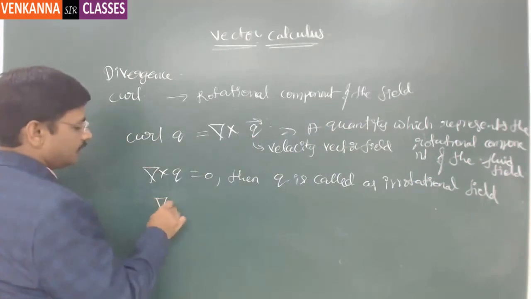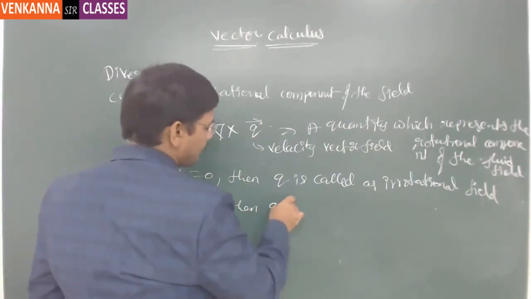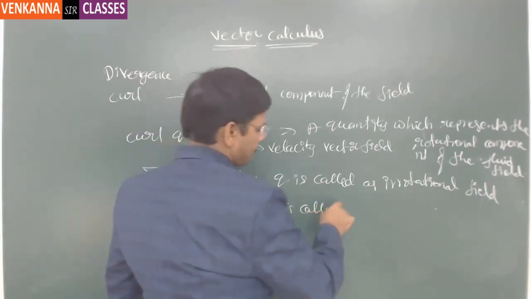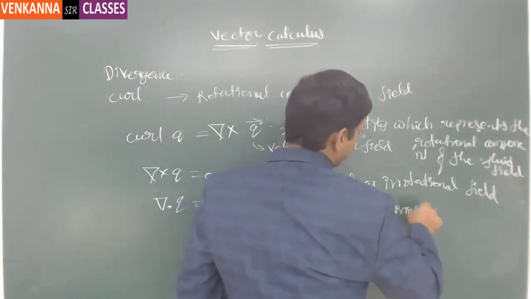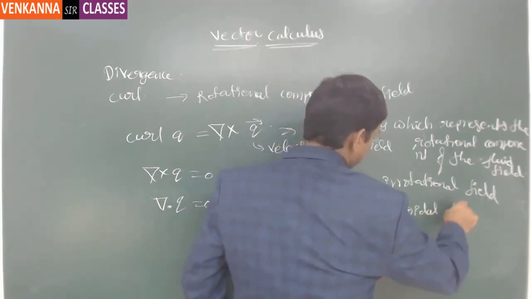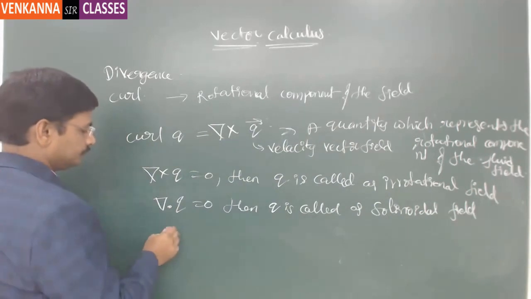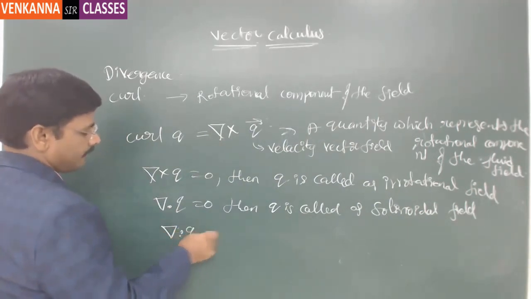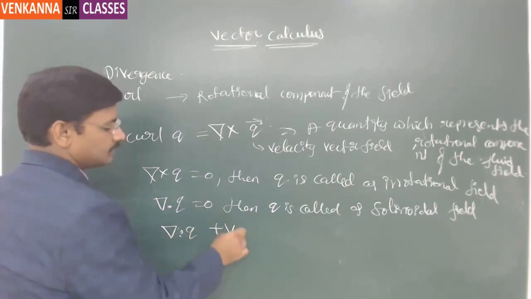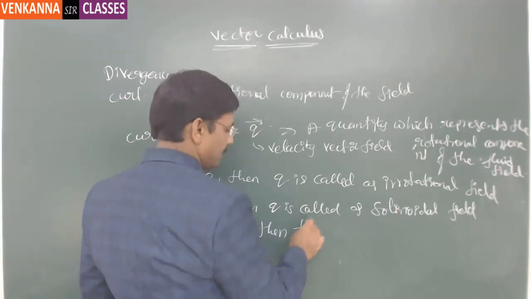Similarly, if del dot q is equal to 0, then q is called a solenoidal field. If del dot q is positive, then the field is expandable.